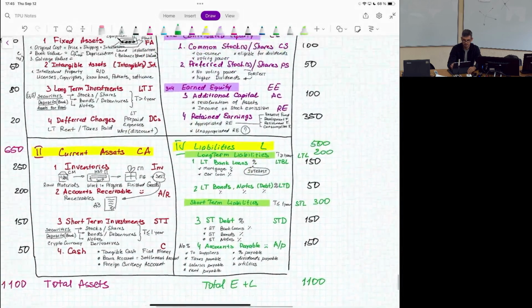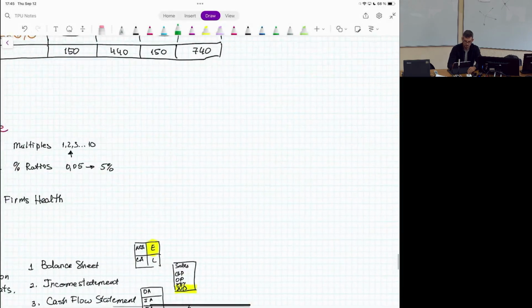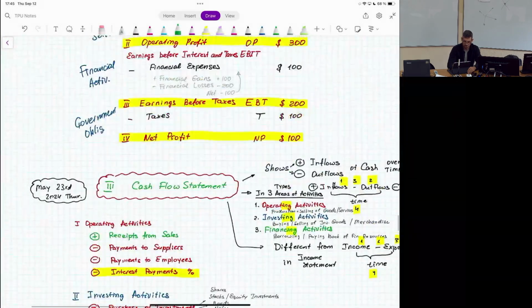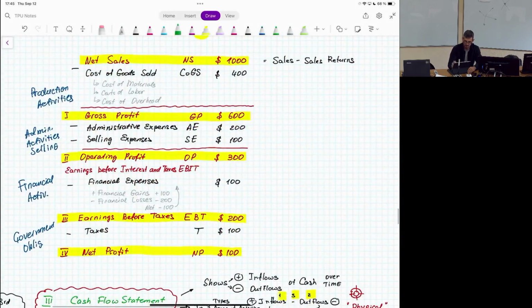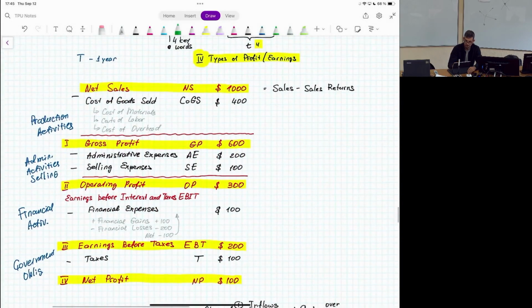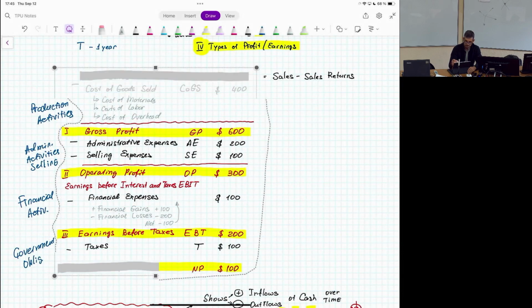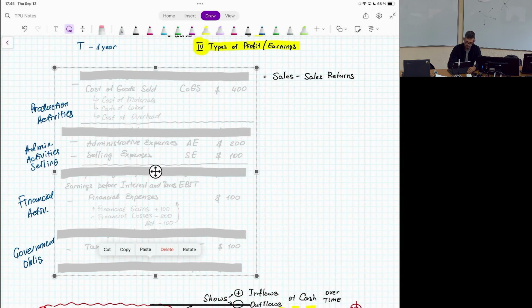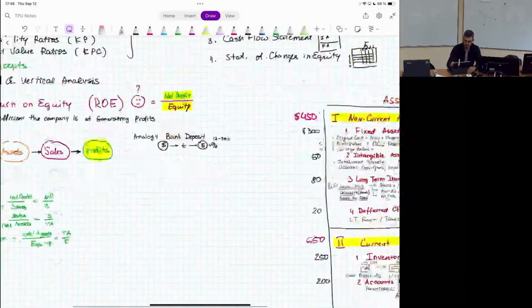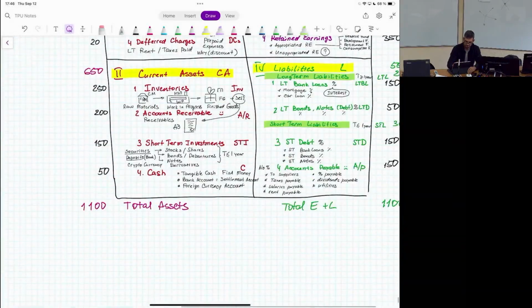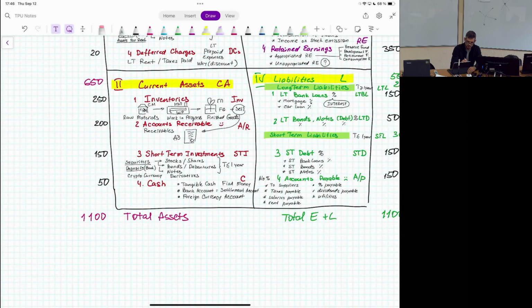Okay? So now we have these numbers. Also, let's go to income statement. And in the income statement, we already have the numbers. Remember? So we will also take the income statement and use it for our purposes of financial analysis. Okay, so I'm going to paste it here.